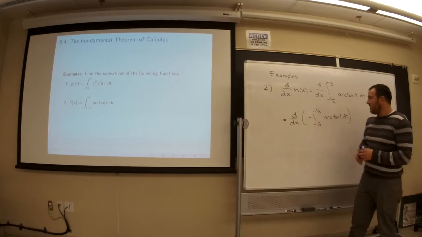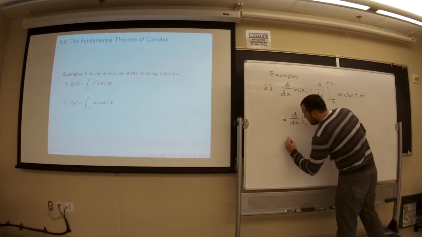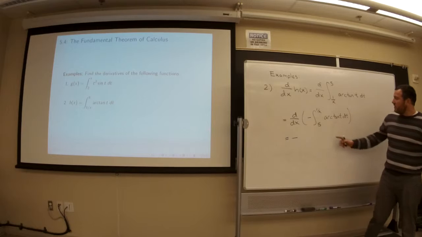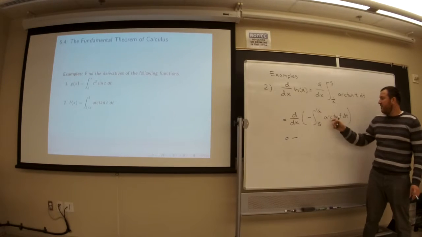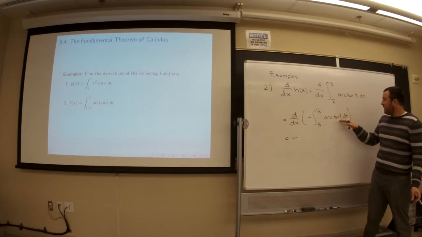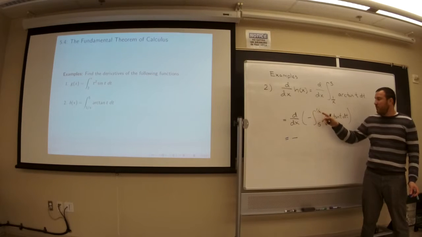So the negative is going to come along for the ride when we take the derivative. And then if we were going to take the derivative of just 5 up to, let's say, x of arctangent of t dt, well, that would be just arctangent of x. But instead of having just x up here, we have 1 over x.